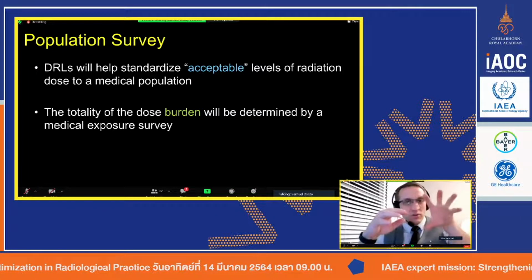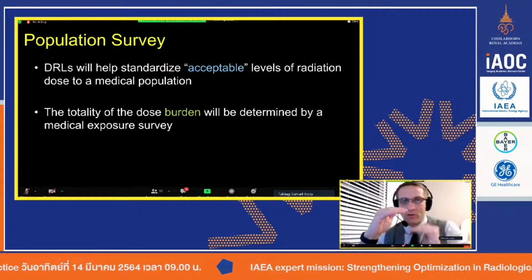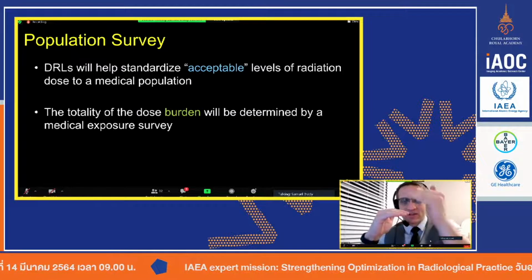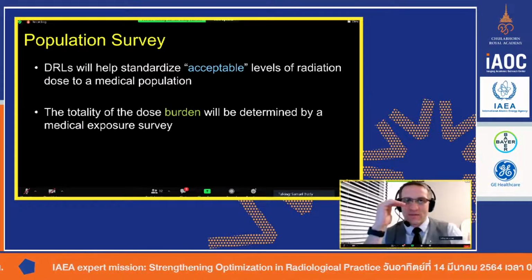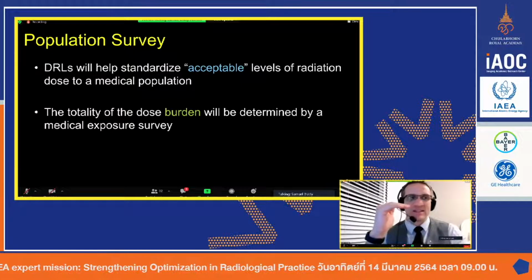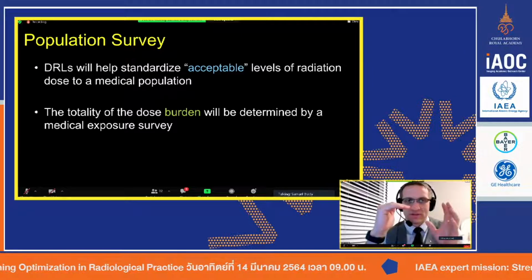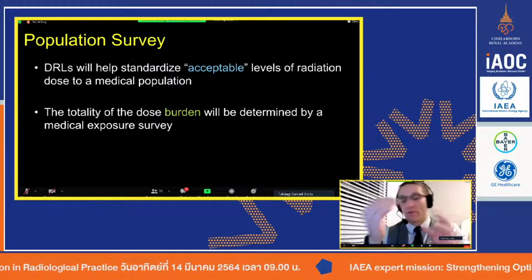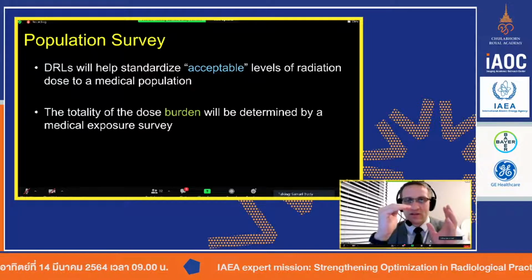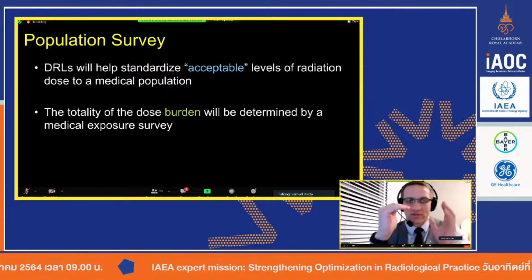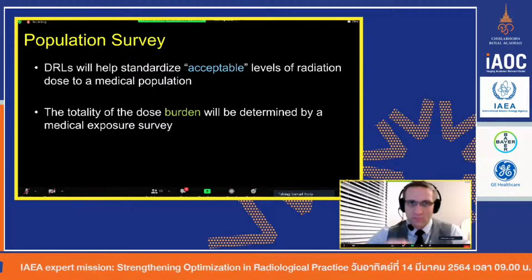And you look at your data at your hospital, and if you're above or below that, you need to now make a decision on what we do with that optimization. The fact that the 40 value was set just says that 75% of all of the hospitals that provided data in this calculation, so 75% of the hospitals in Thailand, are imaging at that value or below.